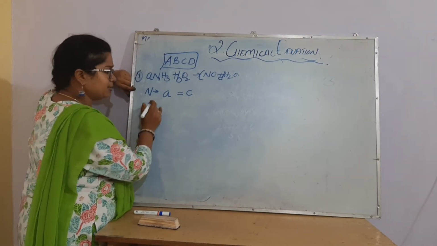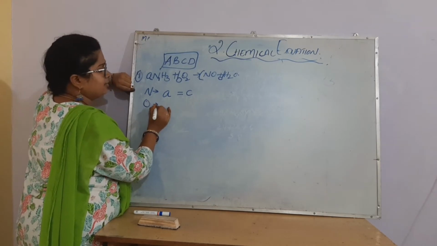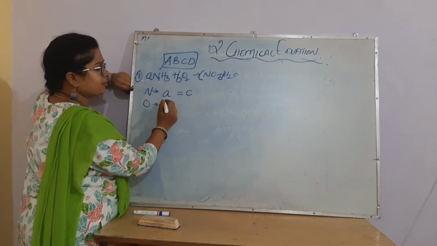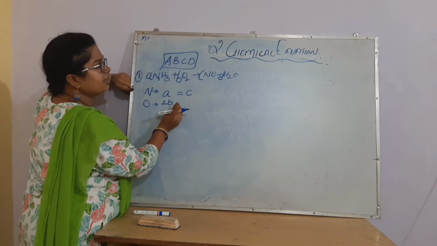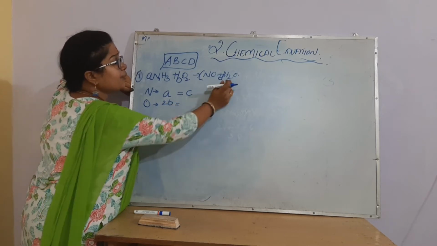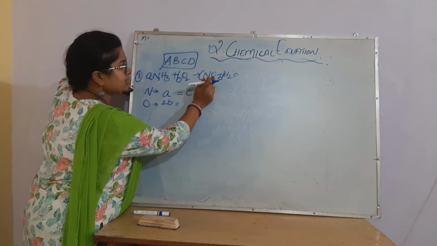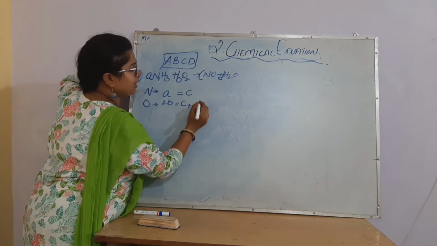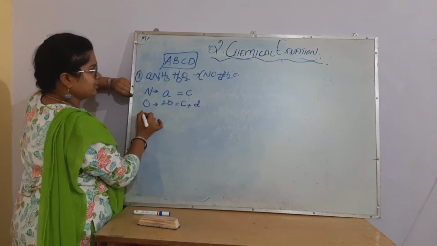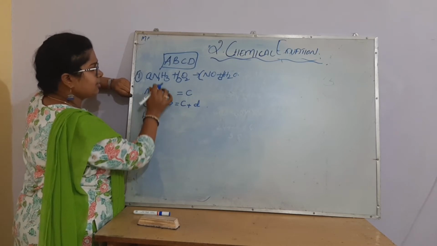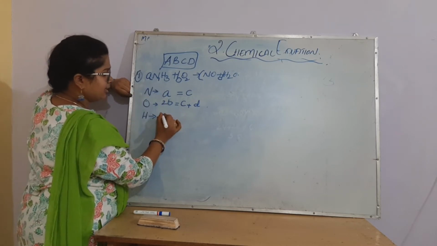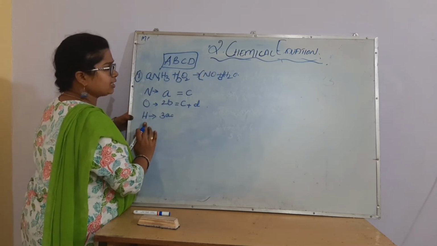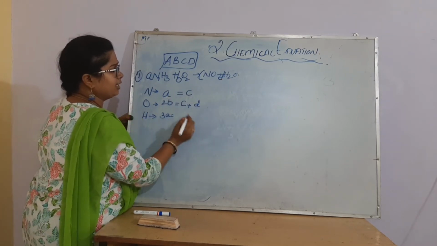Oxygen is not there here; 2 into B, 2B. Subscript into coefficient. Where is oxygen? Here it is: C into 1, C, plus D into 1, D. Next, hydrogen: 3 into A, 3A on the reactant side, equal to that side. How many hydrogens are there? 2 into D, 2D.